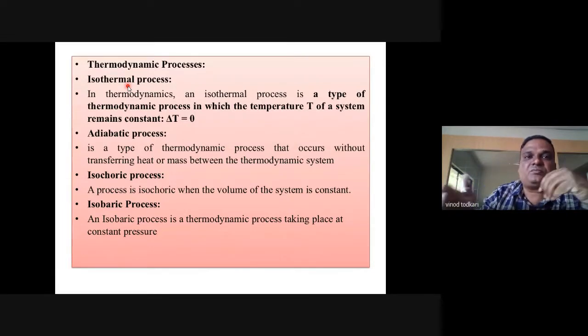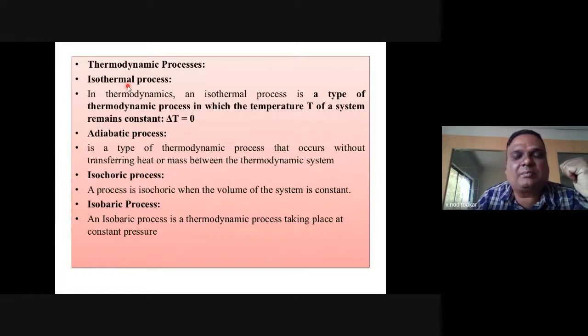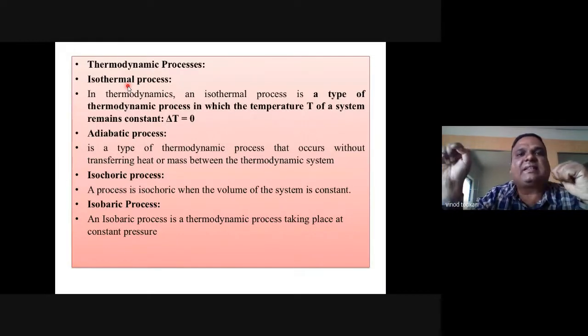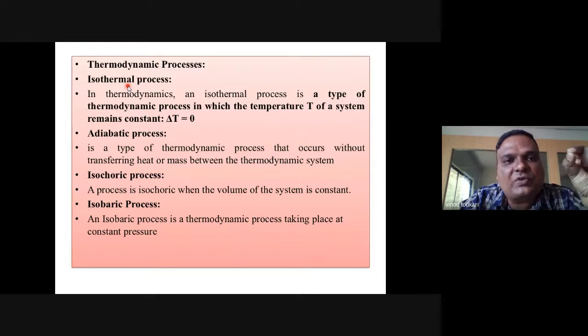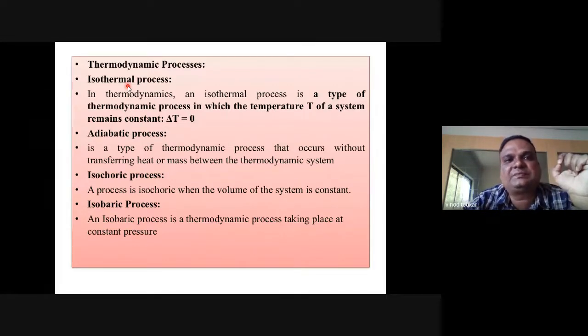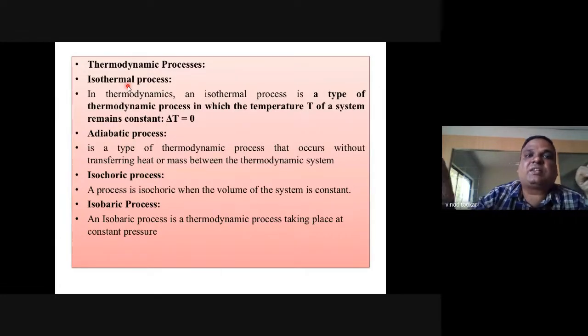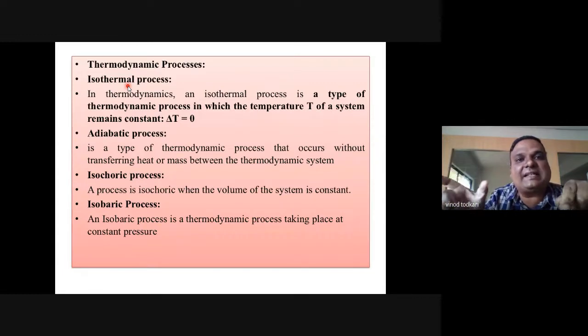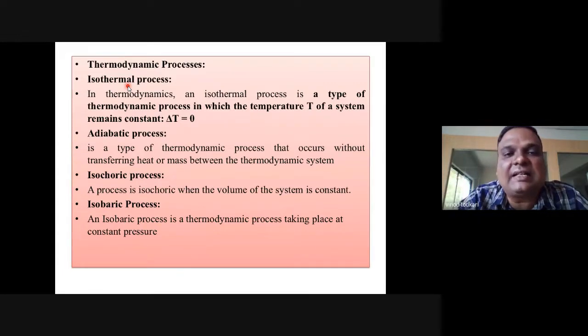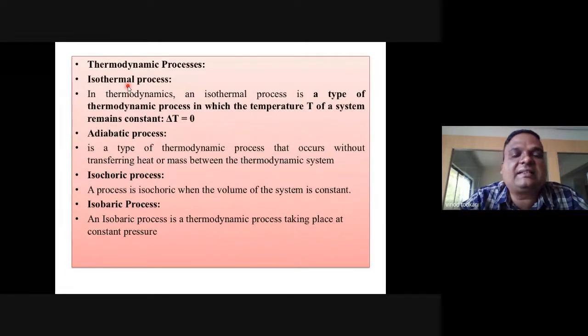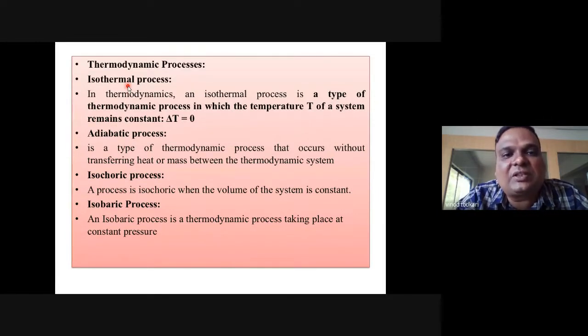For example, the system went from state A to state B, but the temperature of state A is exactly the same as the temperature of state B. So we say that the process is an isothermal process. Right? So if the temperature of the state before the process and after the process is exactly the same, we say that the system has undergone an isothermal process.